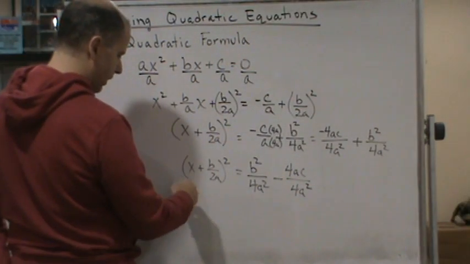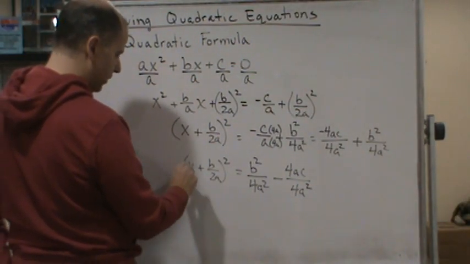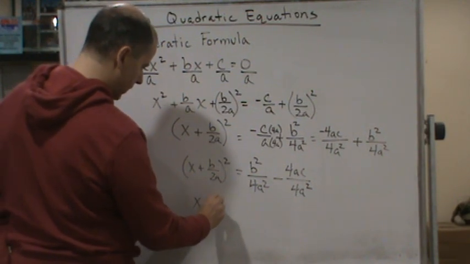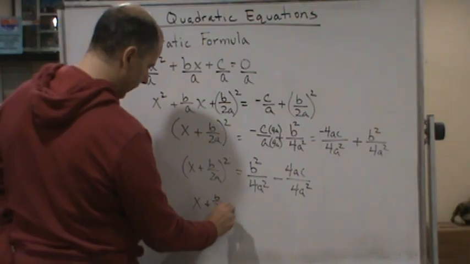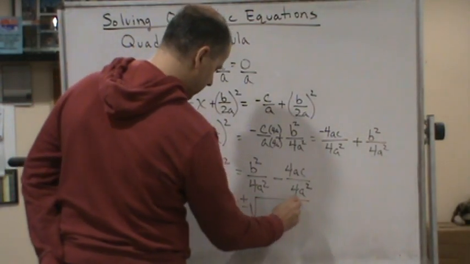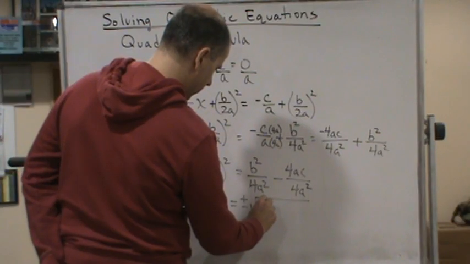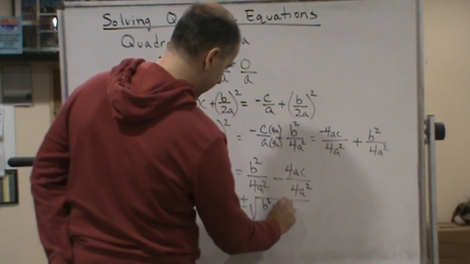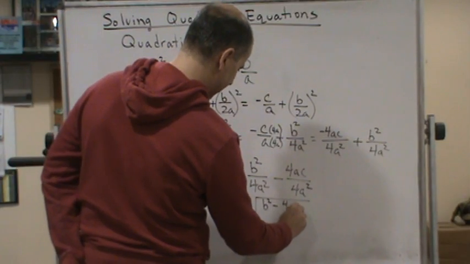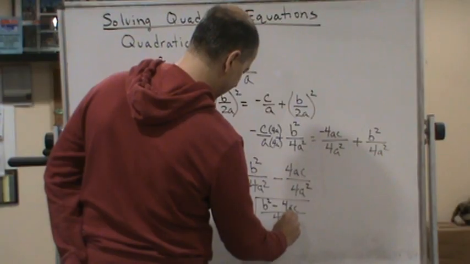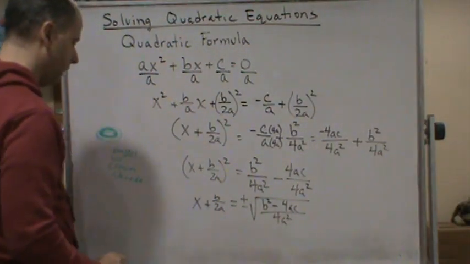Now I'm going to use the square root principle and take the square root of both sides. So x plus b over 2a will equal plus or minus the square root of b squared minus 4ac over 4a squared, okay?